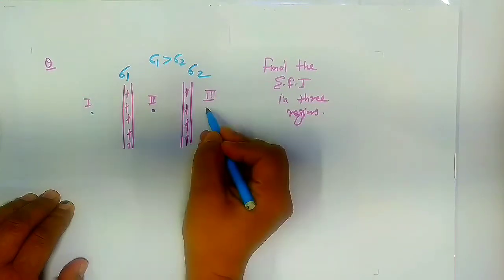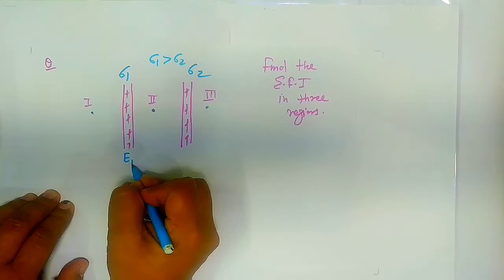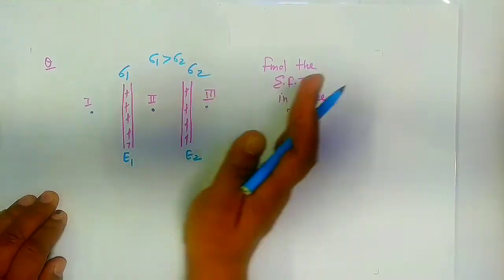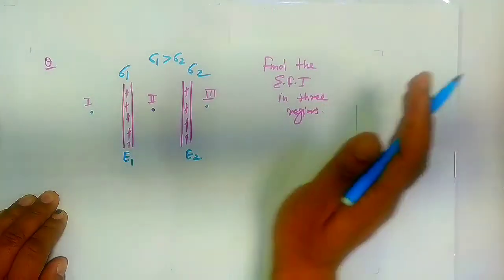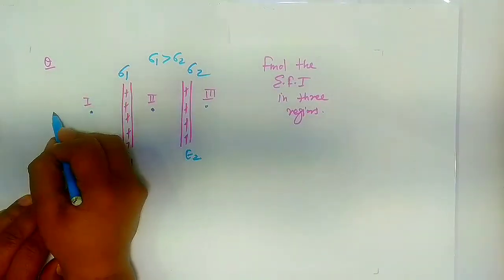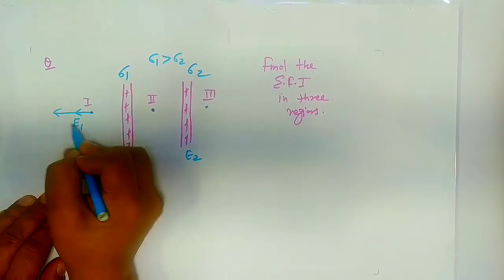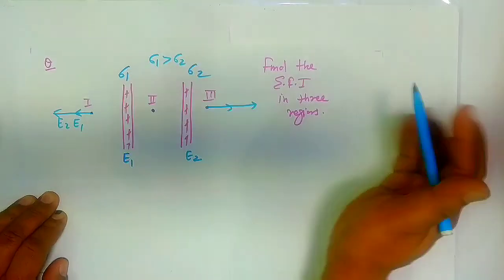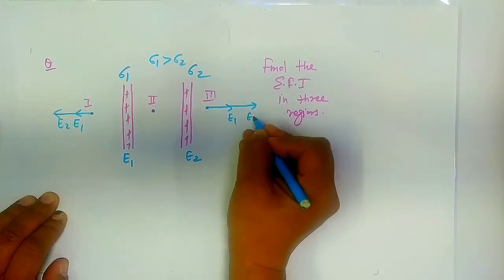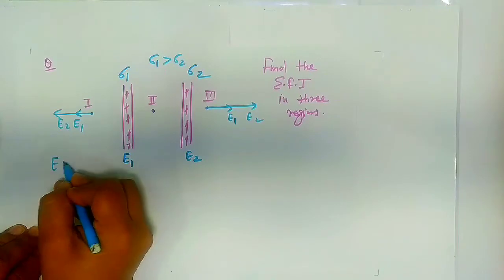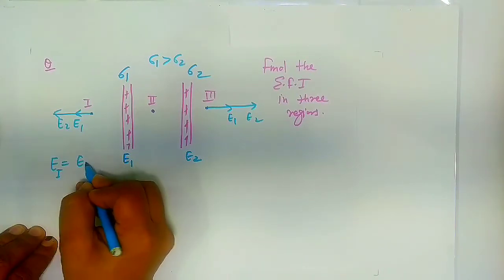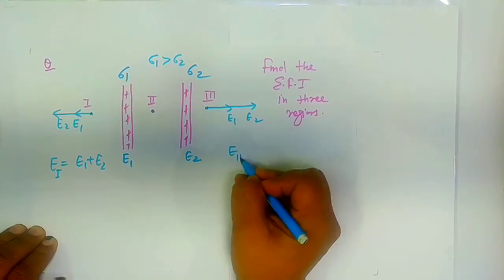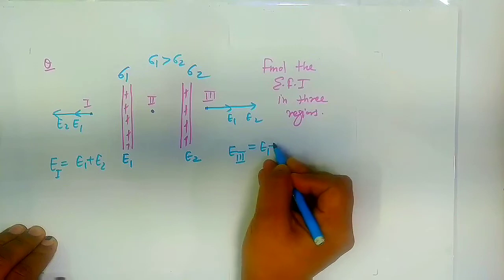The electric field due to this sheet is E1, and due to this it is E2. First of all, in this region, the electric field goes away from the positive charge sheets, so both E1 and E2 will be in this direction. Here also both will be in this direction, so the first region is E1 plus E2 and the third is also E1 plus E2.